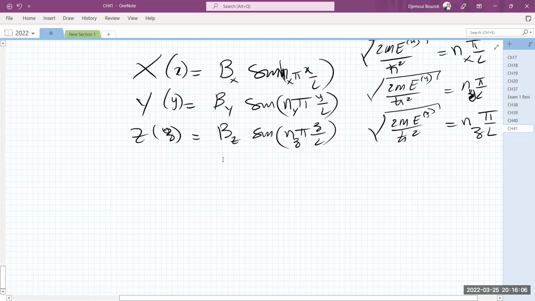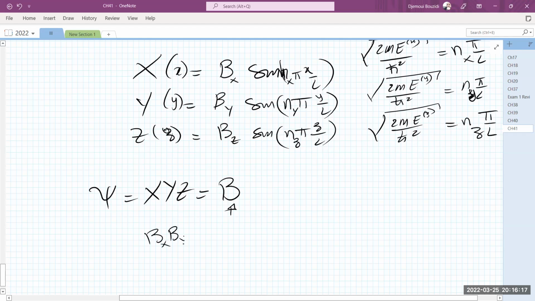The solution itself actually will have a constant. So the solution, remember, is x times y times z, times another constant b, which is just the product of the other constants, because it's a constant, and it's going to be determined by the normalization condition anyway.